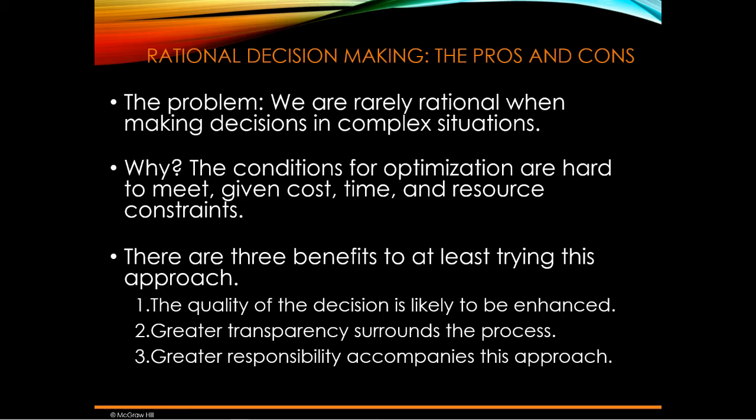The rational model is based on the premise that managers optimize when they make decisions, and optimizing is solving problems by producing the best possible solution. So conditions needed to optimize: having complete information, which is always going to be an issue sometimes, leaving emotions out of the decision-making process, being honest and accurate, evaluating all alternatives, having abundant and accessible time and resources, and having people willing to implement and support the decisions.